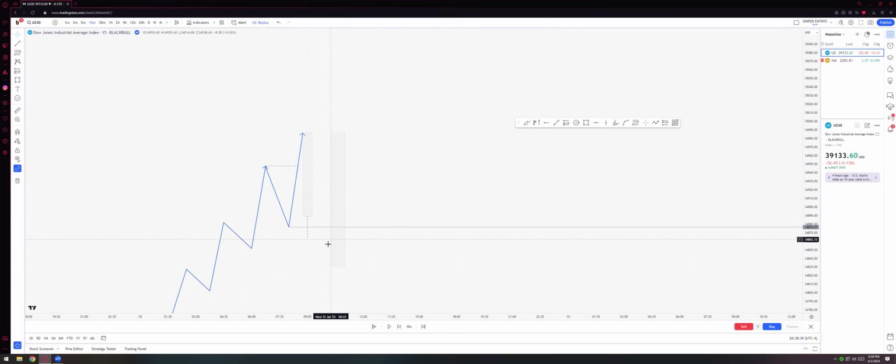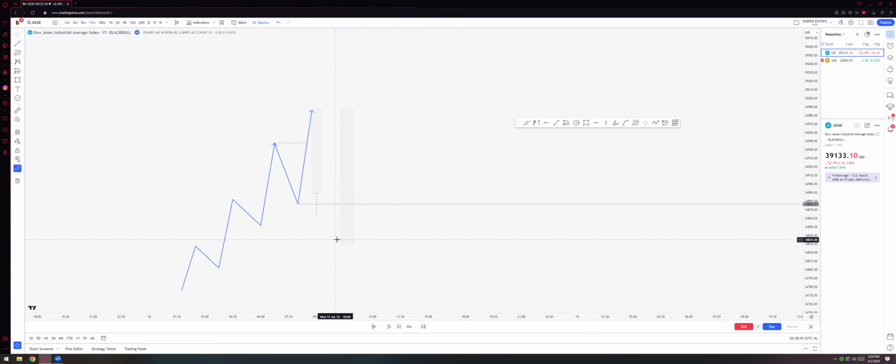So if market does this and breaks below the previous high or low, that's still going to be a liquidity grab for us, or a pullback. And that's what I meant by if I have only one break, I'm going to count it as a liquidity grab and pullback and not as a break. When do I know it's not a liquidity grab, and it's actually a change of character or a break of structure?